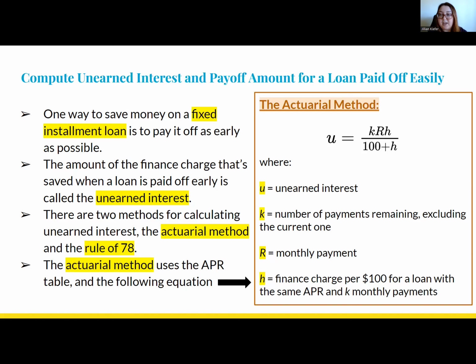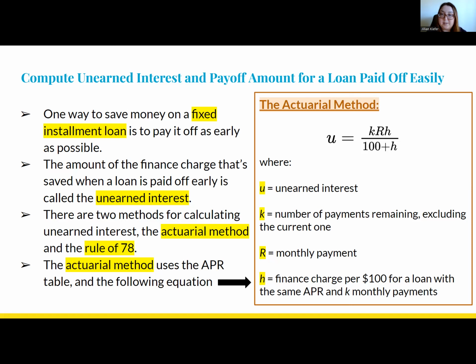We have our formula here where U, the unearned interest, is equal to K, the number of payments remaining, excluding the current one, times R, the monthly payment, times H, the finance charge per $100 for a loan with the same APR and K monthly payments. So you may have to use the APR table in order to find the value of H. So that's how we use the actuarial method.